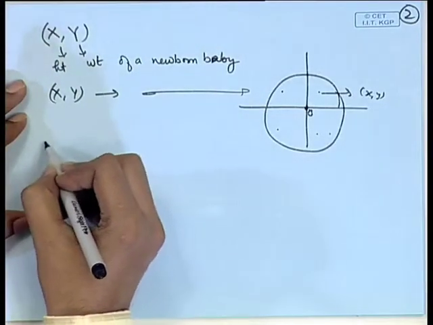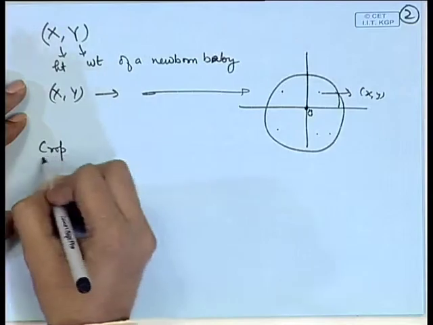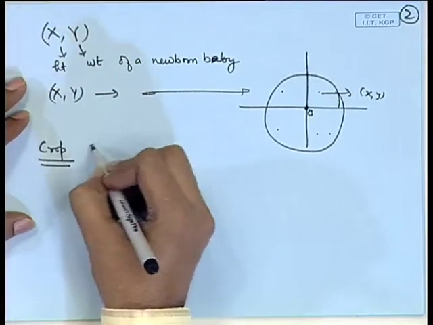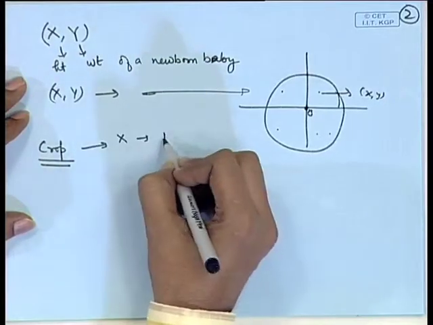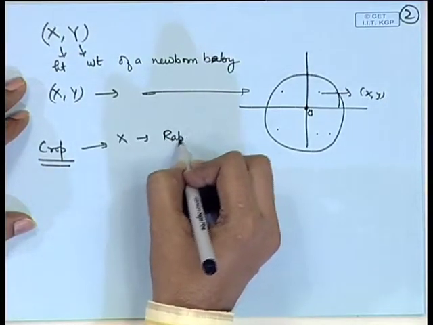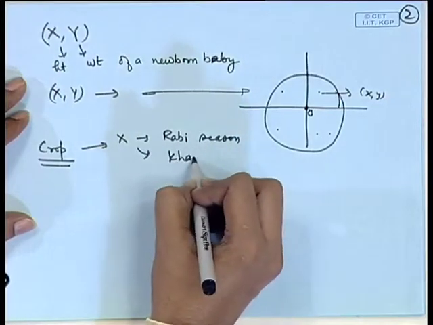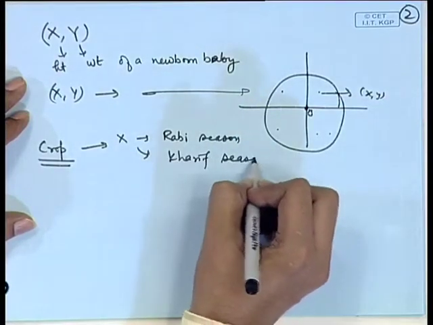Suppose we are considering crop in an area, so crop in, say, the Rabi season and in the Kharif season in a year.